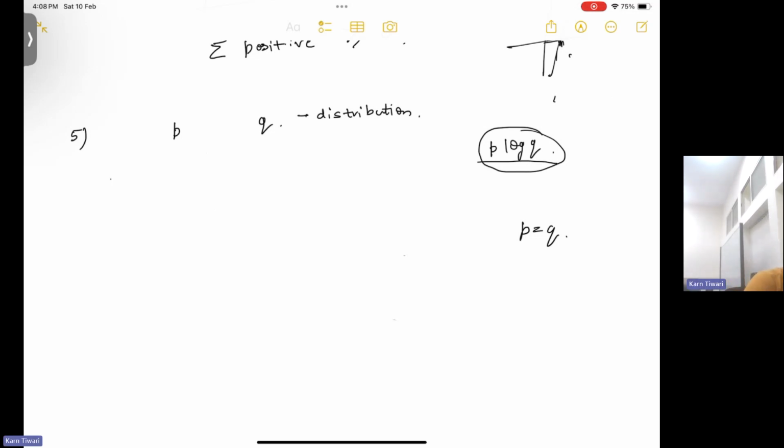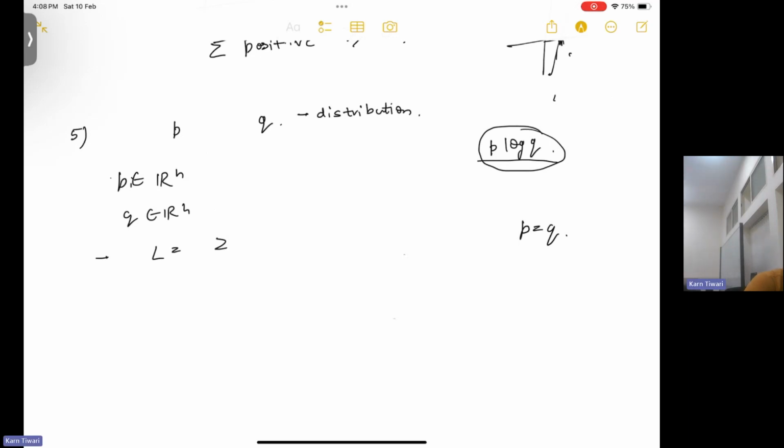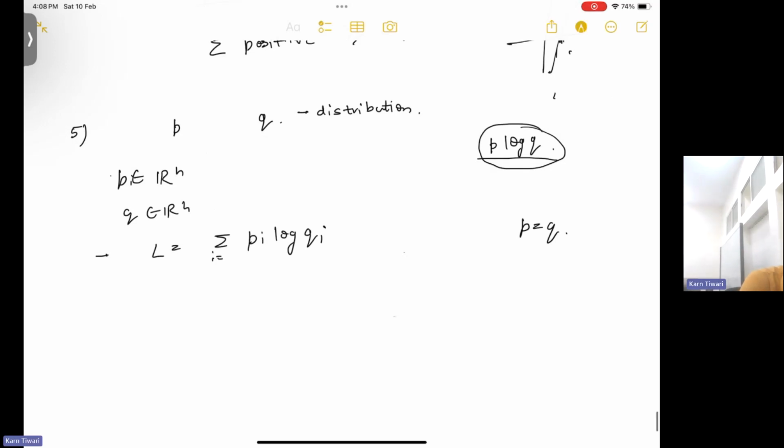If my P belongs to the vector space Rn and Q belongs to Rn, the cross entropy loss is just the summation of Pi log Qi, from i equal to 1 to n. If we want to minimize this loss, we need to minimize each and every term. What's the minimum value it can take?